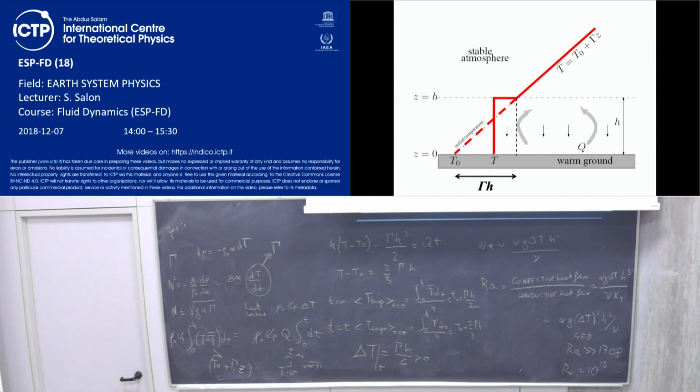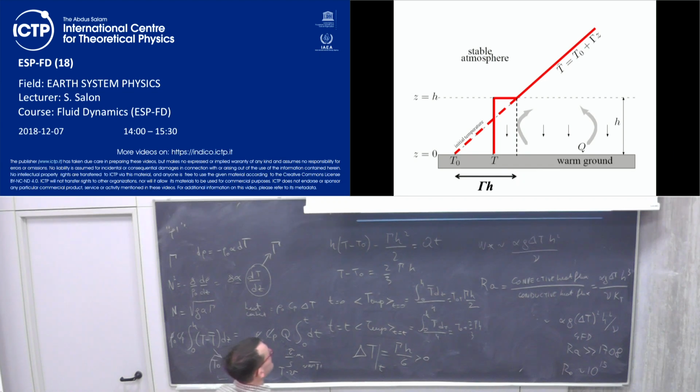So it means that actually at the end this layer here has been on average heated by a value which is 1/6 of the temperature difference that I had at the beginning between the surface and the height z equal to h.